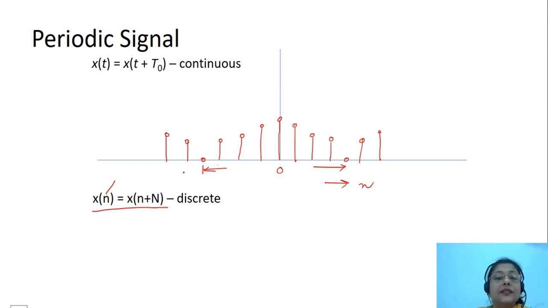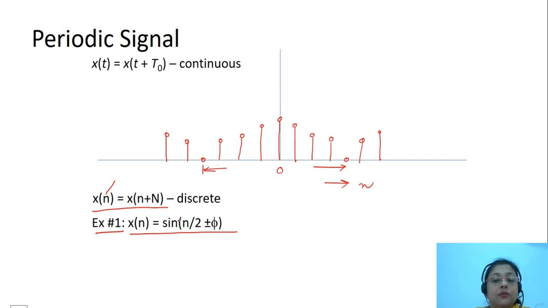Now let's understand whether the signal is periodic or non-periodic with the help of two examples. Now let's understand it with example 1. It is written here x[n] equal to sin(n by 2 plus or minus phi). Now this phi is the phase of the signal. Now one point to be remembered here is this.